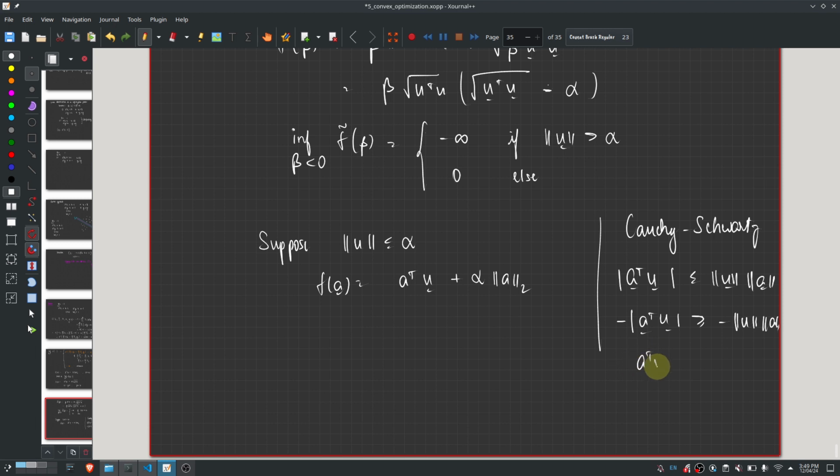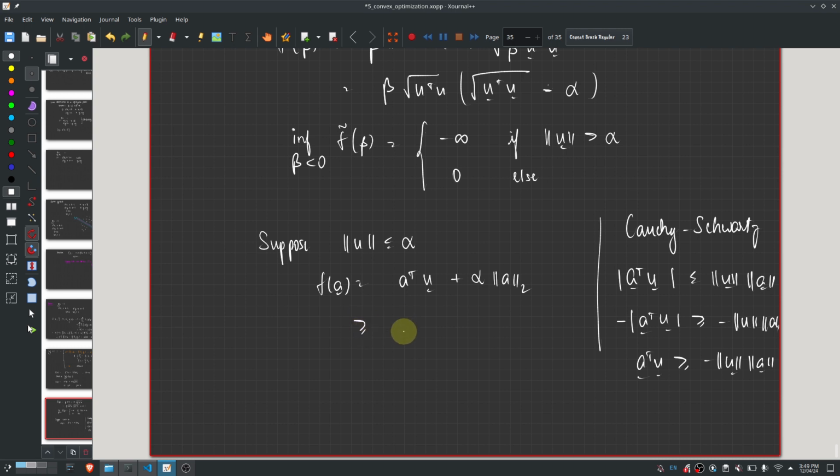So a transpose u is going to be greater than or equal to minus two norm of u times two norm of a, no matter what happens.